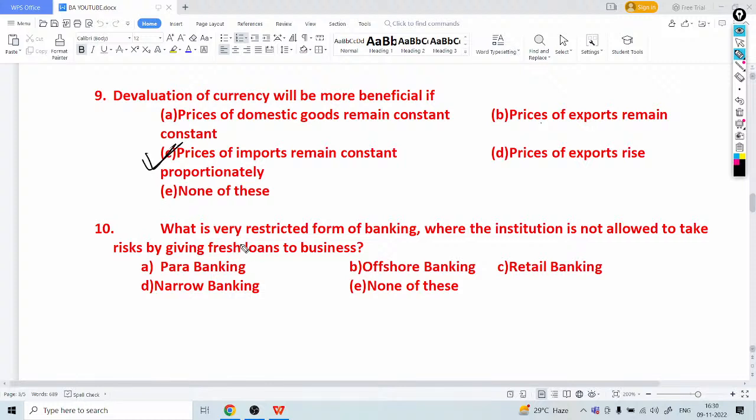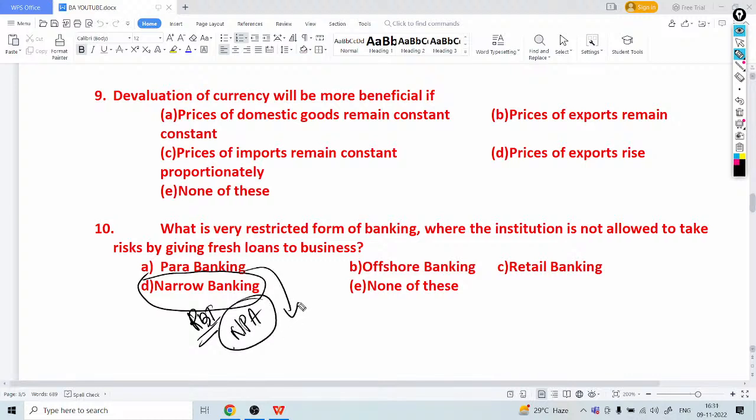Next question number 2. What is the restricted form of banking? Where the institution is not allowed to take risk by giving fresh loans. This kind of business is called narrow banking. In narrow banking, the Reserve Bank of India puts some restrictions on banks so that they cannot give fresh loans, because the banks are suffering losses or the problem of non-performing assets or NPA.